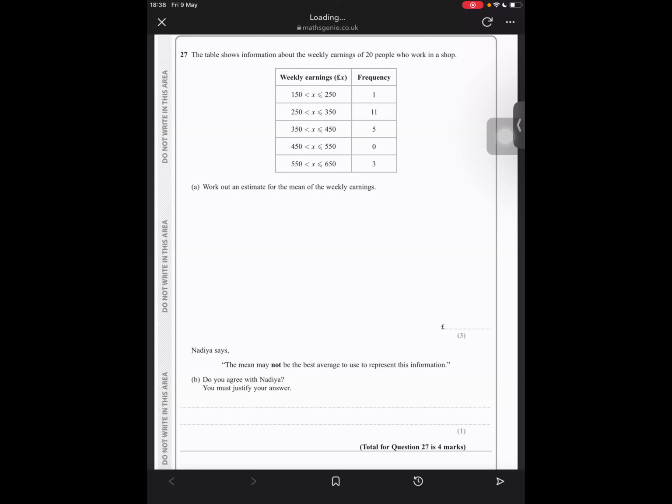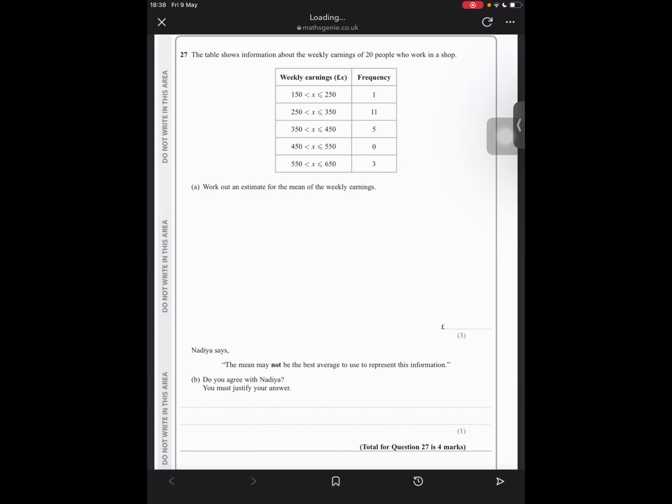Okay. Now, remember, the reason for getting the midpoint is that there's no way of telling what the exact value is, so our best bet is to get the midpoint. Now we know the midpoint. Guess what we're going to do next? Do you have an idea? No.